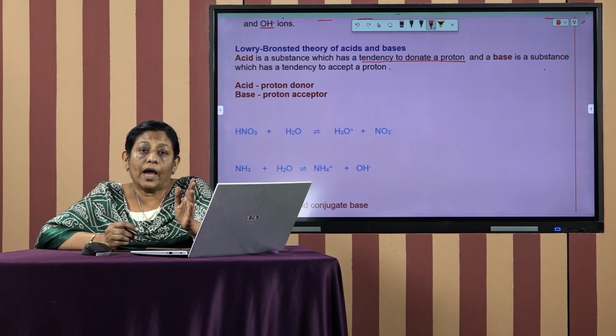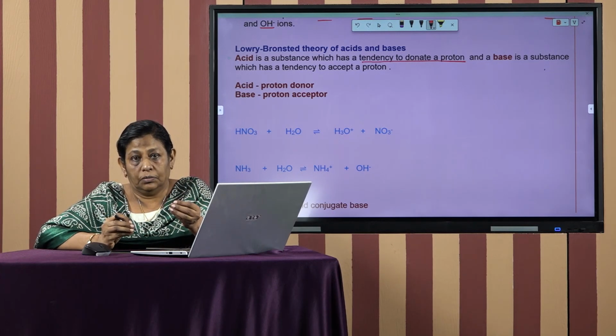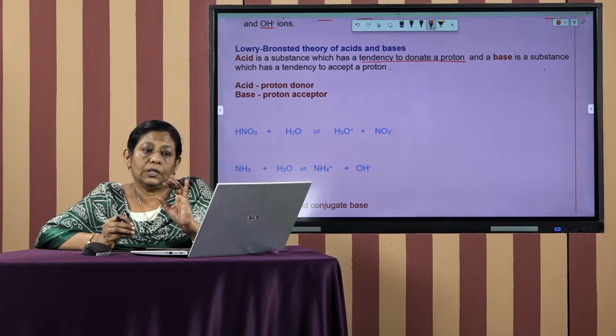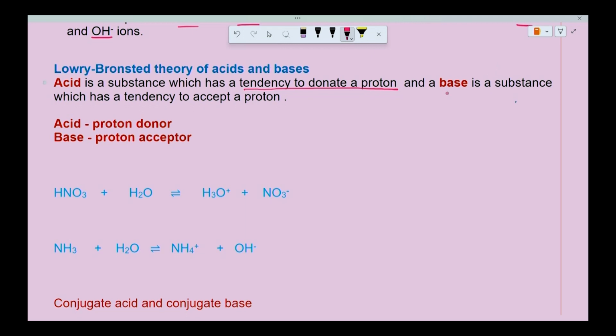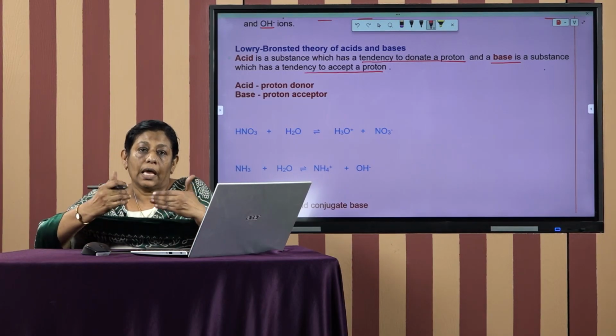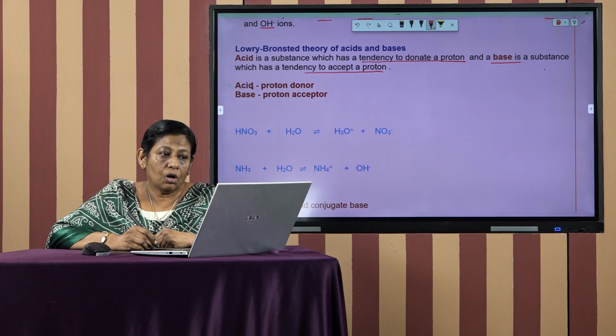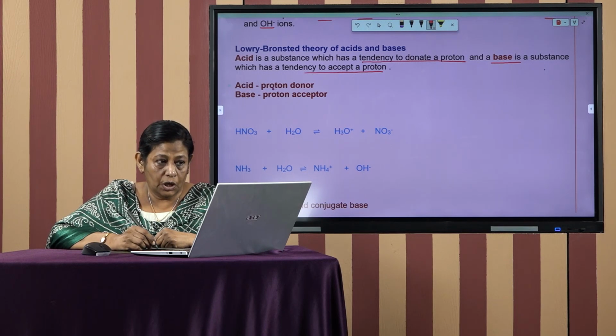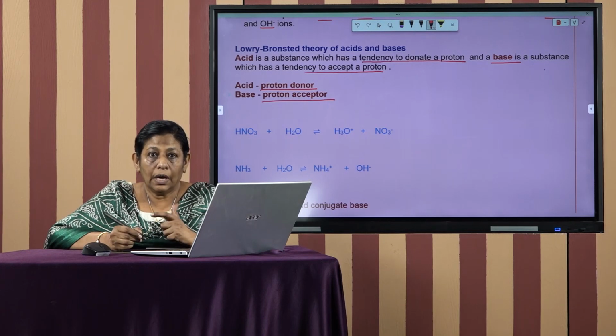If an acid is a substance which has a tendency to donate a proton, that is enough; we need not apply it into an aqueous solution. And a base is a substance that has a tendency to accept a proton. So, an acid donates a proton and a base accepts a proton. You can call an acid a proton donor and a base a proton acceptor.